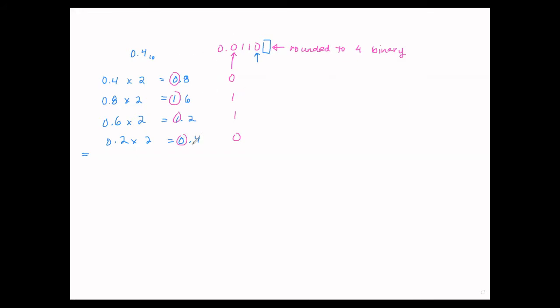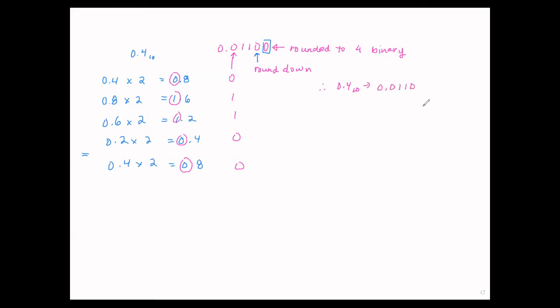So if I simply continue on, this was our 0.4. Let's keep going. Let's multiply that by 2 as well. And we get 0.8. So our 5th number to the right of the decimal is also a 0. So that means we round down. So 0.4 really is in binary 0.0110.